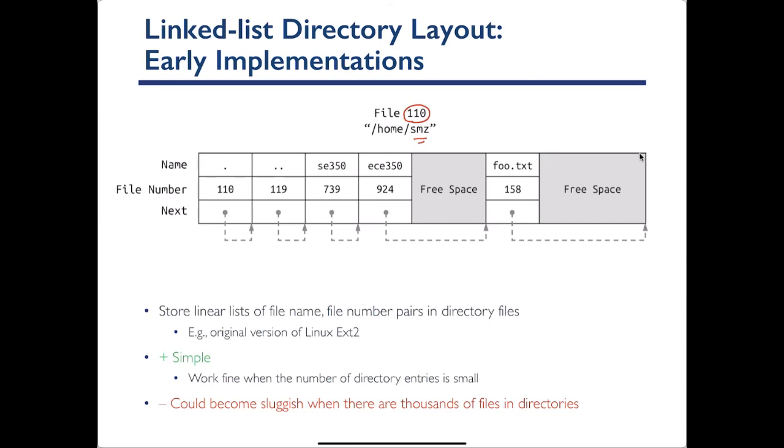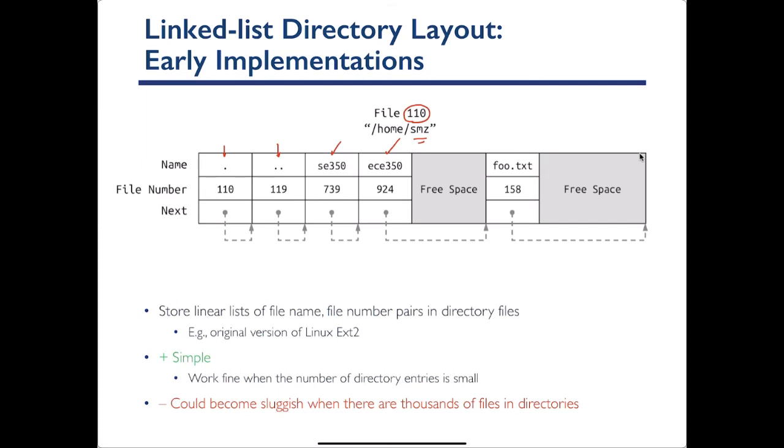One simple implementation is to just implement a linked list of all the records in SMZ. So we can start with all the directories, and then at the end put all the files. In this example, if you remember, SMZ had SE350 and ECE350. In any Unix operating system, the dot and two dots correspond to the current directory and the parent directory.